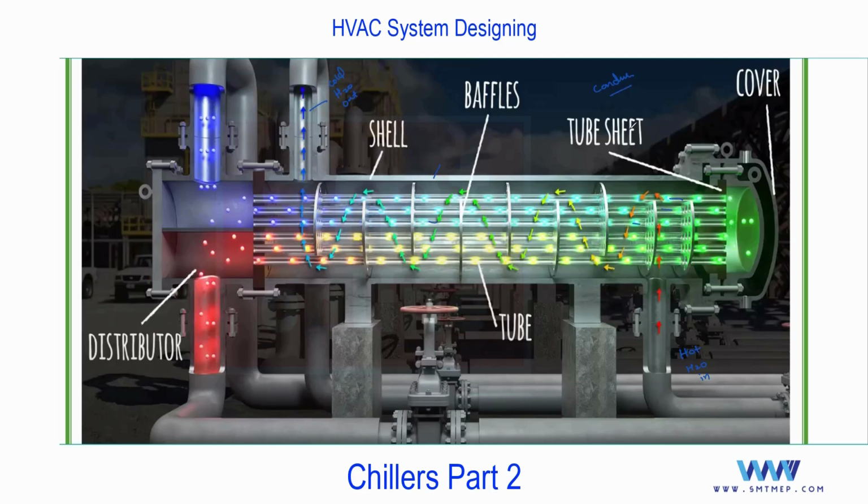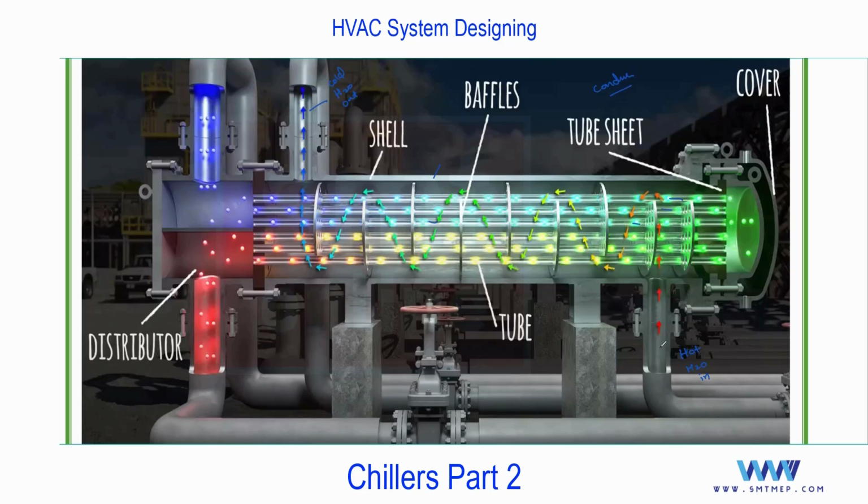Sorry, my mistake. I'm using this as an evaporator, because this is used to cool the water. If I use this to cool the refrigerant, that case is going to be a condenser. But in this image, since this inlet is red, representing hot, and the blue color represents cold, as per this image we can consider this as an evaporator.